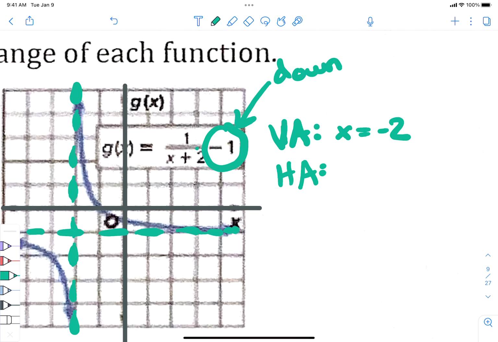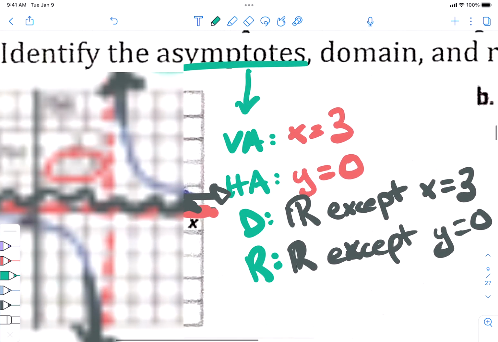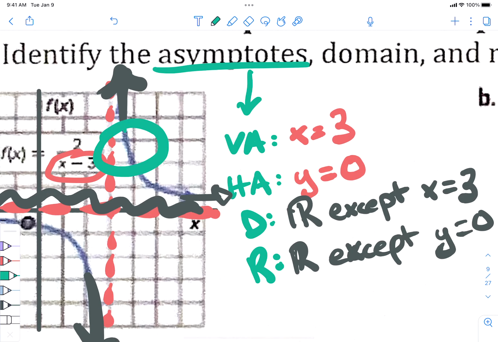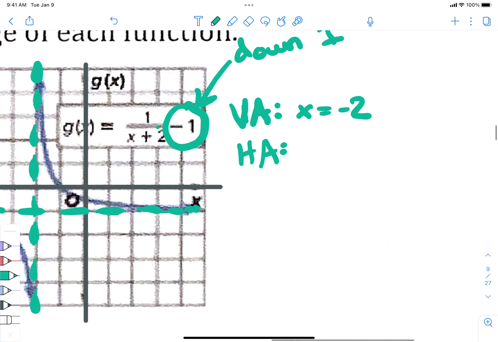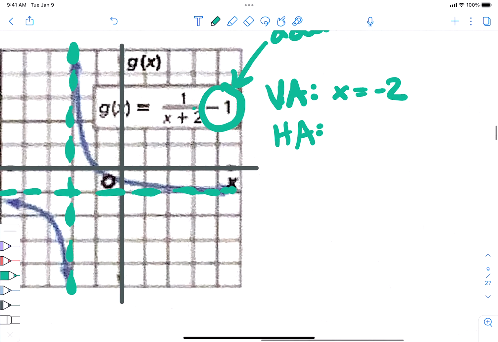That's what that number does. The fact that I didn't have a number on the end of the first equation doing plus or minus means that the first one wasn't moved up and down at all, but this one is. It's moved down. So what do you put for the HA? Y equals -1.